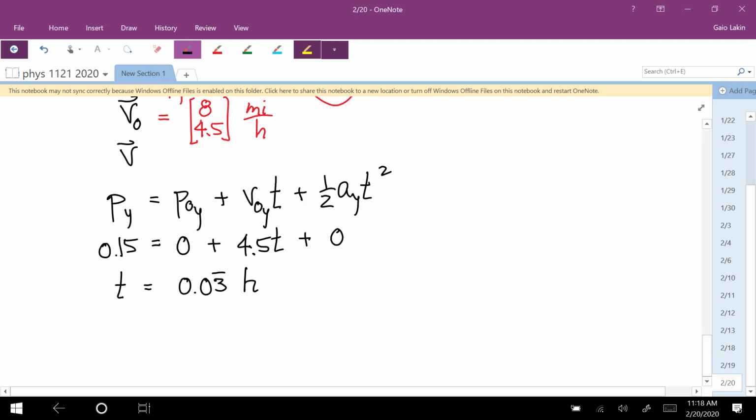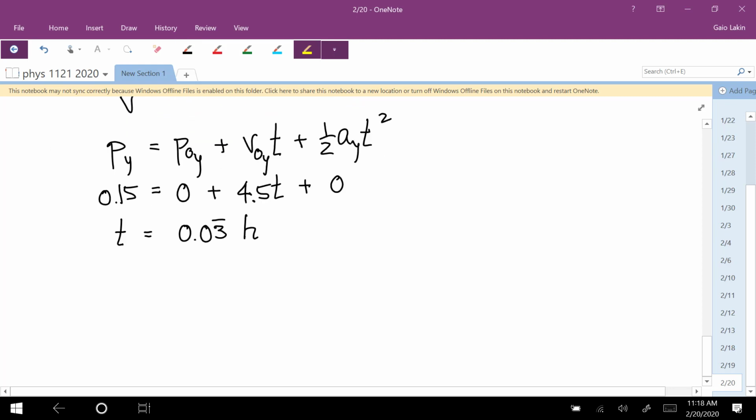And now that we have the time that it takes to get across, we can plug that into the x equation that says p_x is equal to p_0x plus v_0x t plus 1/2 a_x t squared.